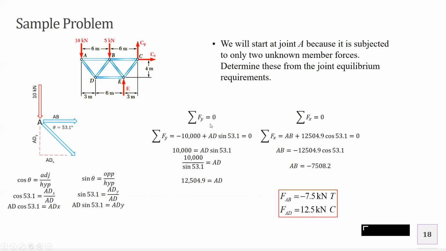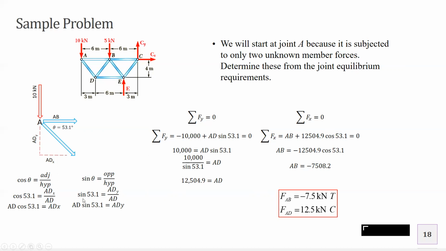So now we're going to do the sum of the forces in the y direction. We have a y force here that we know, and we have this y force, and these two have to equal each other. So the sum of all the forces in the y direction: negative 10,000 newtons plus ADY has to equal 0. But we know what ADY is.